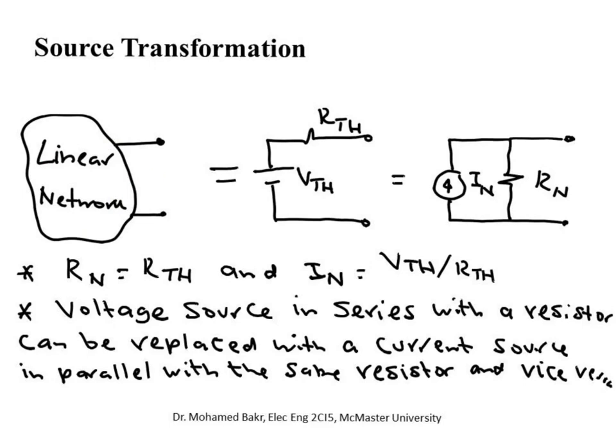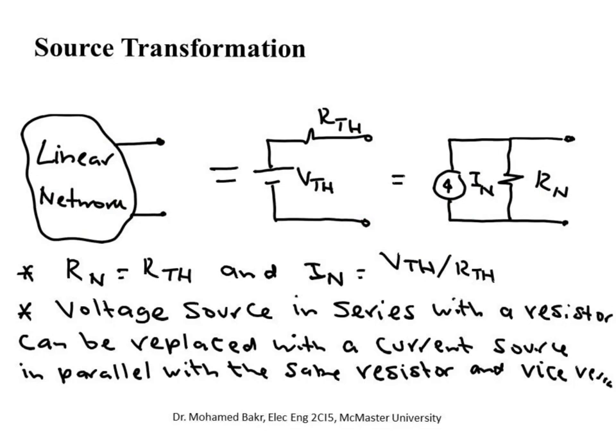Then this circuit, looking into it between any two terminals, can be replaced by a Thevenin voltage in series with a Thevenin resistance, V Thevenin, R Thevenin, or it can be replaced by a Norton equivalent, which is a Norton current in parallel with a Norton resistance. So this means that these two must be equivalent, because these two are the same representation of a circuit.